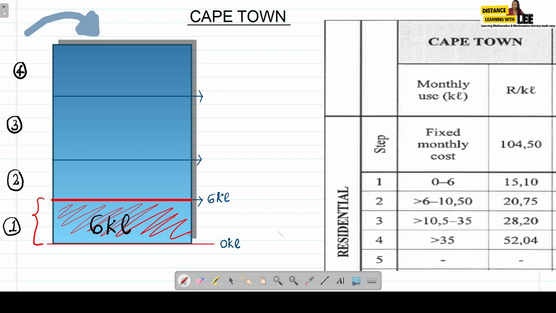Okay, so in the first region, we used 6 kiloliters of water. Then let's say that mark there, we're going to call this the 10.5 kiloliter mark, right? And that mark there, we are going to call it 35 kiloliters. So if the water reaches that point there, we will have 35 kiloliters of water.